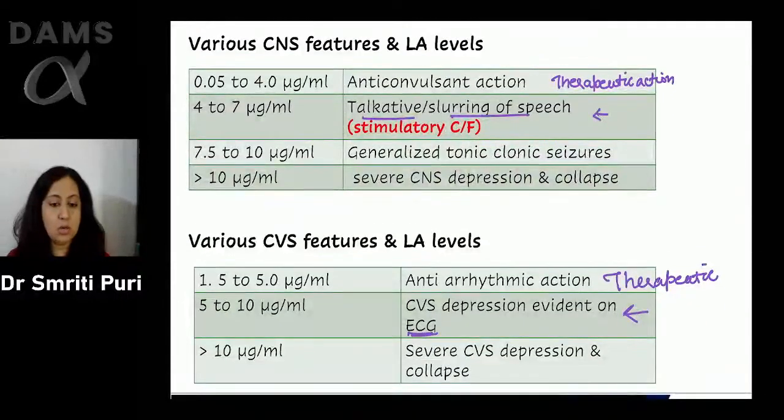So take a screenshot. That is 7 milligram per kg. Okay, here they were talking about toxicity, but I guess the units they have given are wrong.